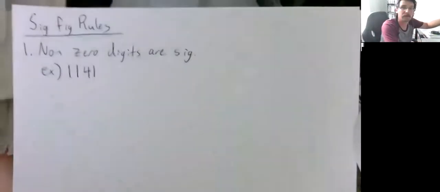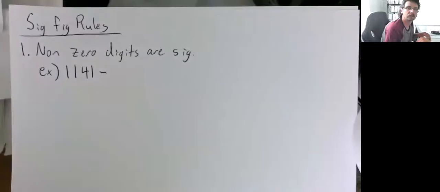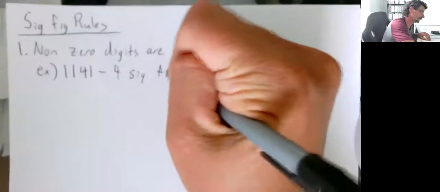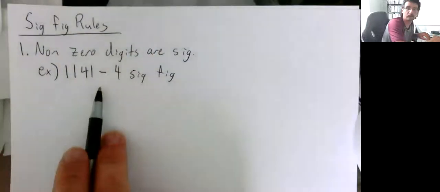So as an example, if I have the number 1,141, that number itself has 4 significant figures. Each one of these digits counts.